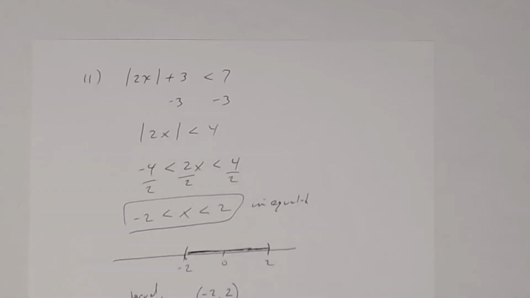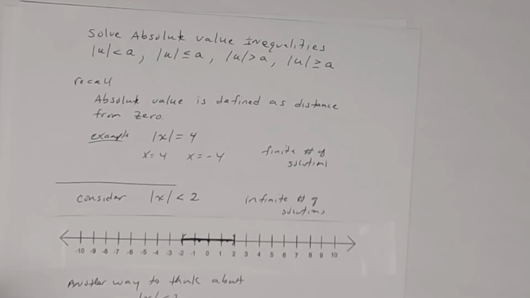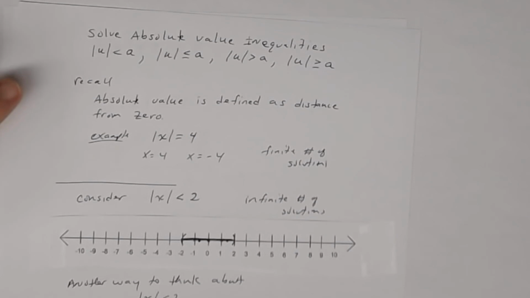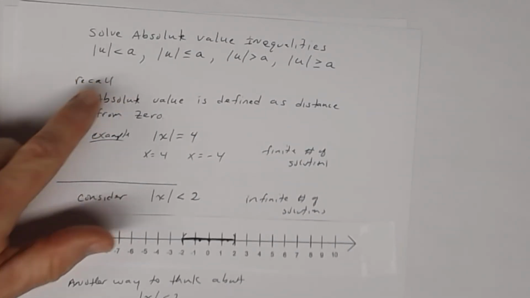That is the lesson on solving absolute value inequalities. Let me go back to that original statement. In this lesson we looked at about 11 problems on solving absolute value inequalities.